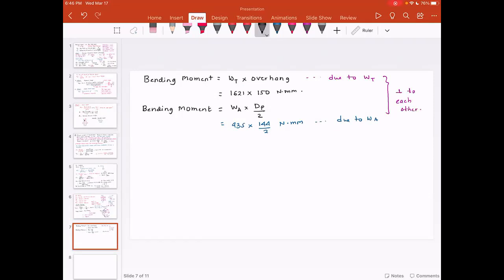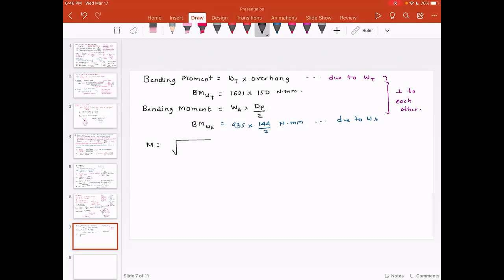Which means the resultant moment M is going to be the square root of bending moment due to WT squared and bending moment due to WA squared.